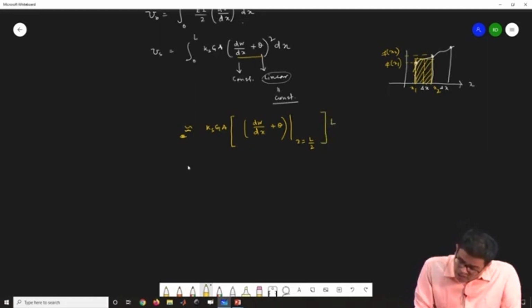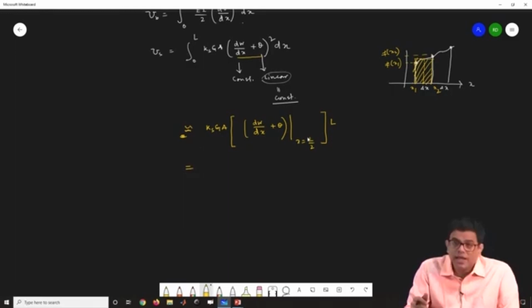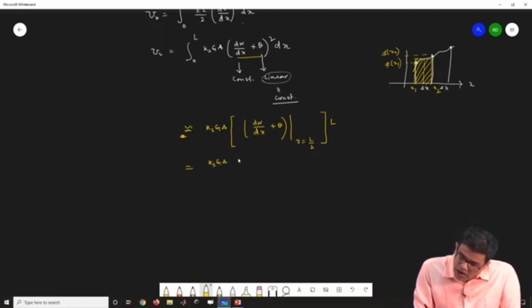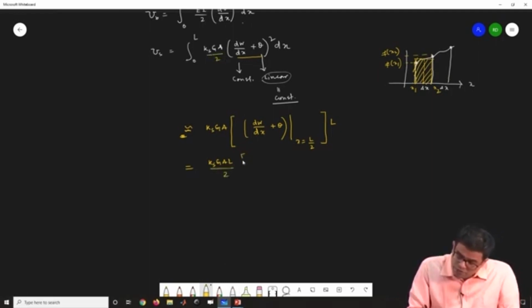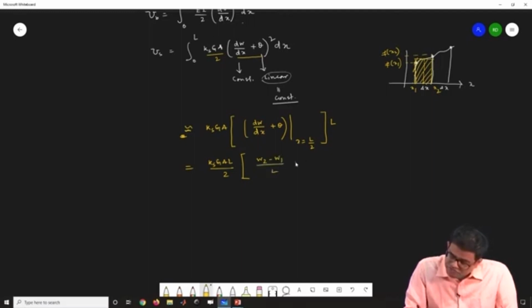Now if I substitute my interpolation for theta and dw by dx, I get KsGA L by 2 into (w2 minus w1) by L plus theta, where theta is (1 minus x by L) theta 1 plus (x by L) theta 2.